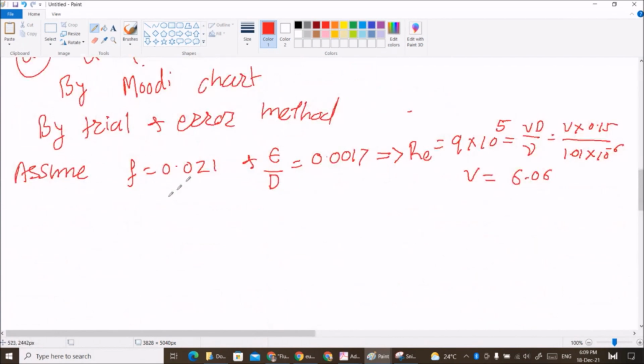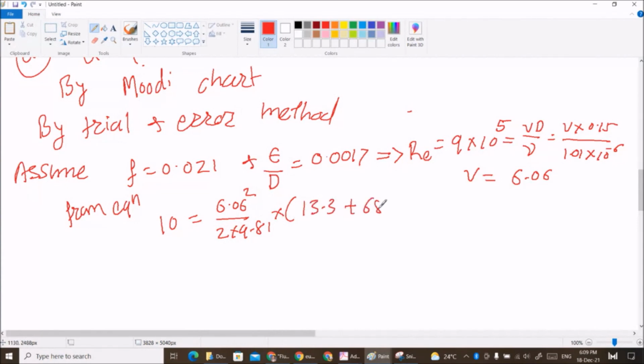So from equation, h is 10 is equal to v square by 2g, 6.06 square divided by 2 into 9.81 into 13.3 plus 680 f. So here this will give me f is equal to 0.0117. So our assumption is wrong.